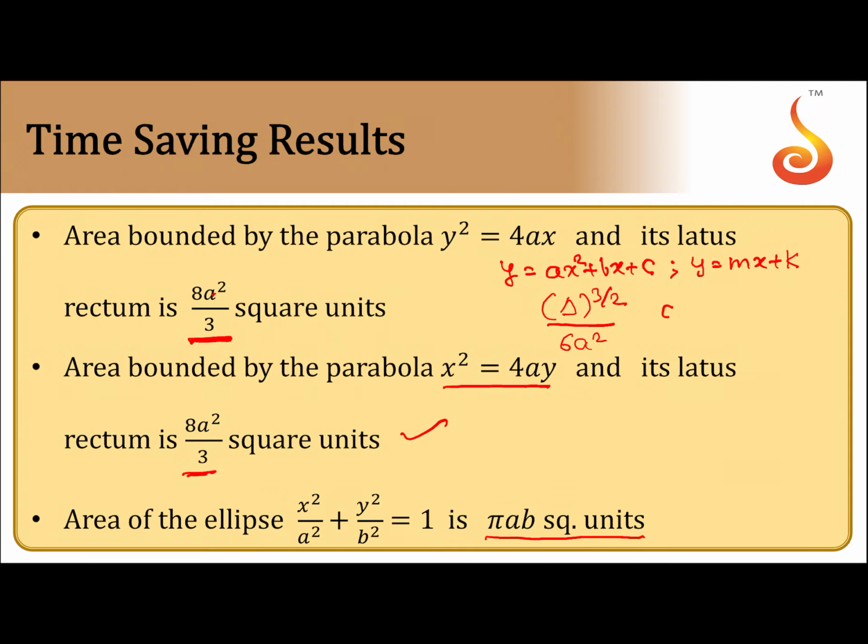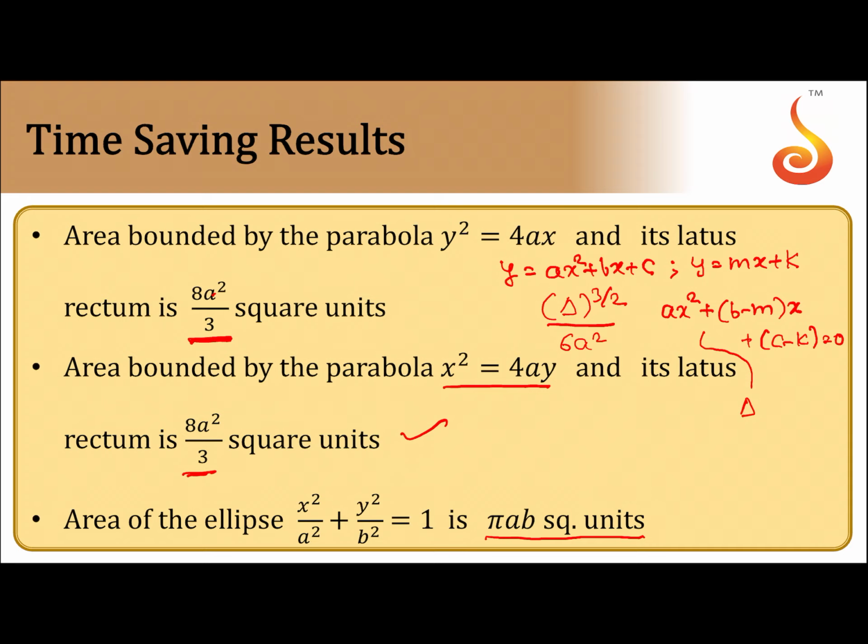Delta is the discriminant of ax square plus b minus m into x plus c minus k equal to 0. Discriminant of this one. Don't cancel any term while taking discriminant.